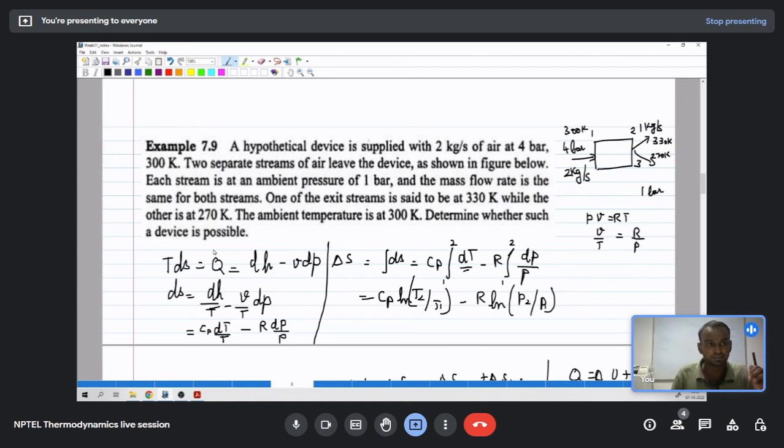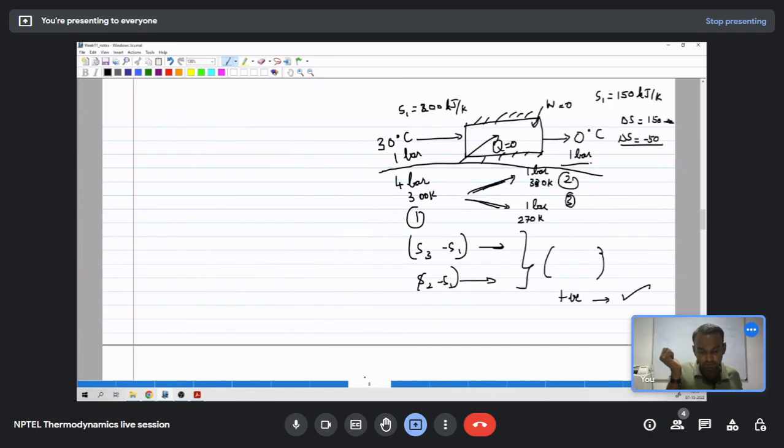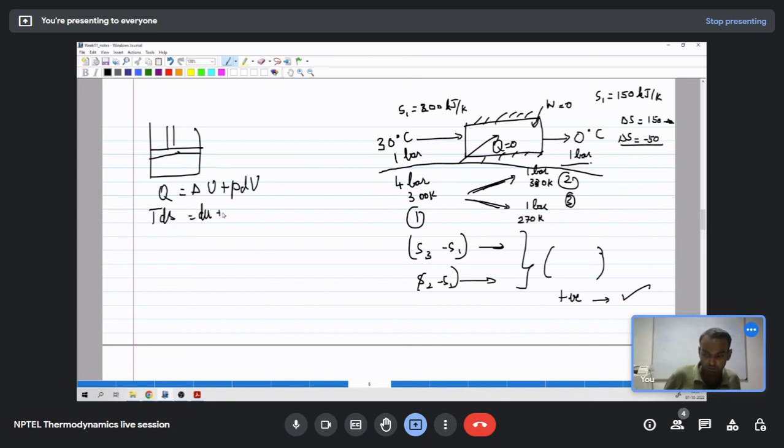And if it is a non-flow problem where it is a piston cylinder arrangement or something, then we will have from the first law expression, so if we have a piston cylinder arrangement, then Q is delta U plus P dV, and so this is T ds, this is du plus P dV, and ds can be calculated as Cv dT by T plus P by T into dV.